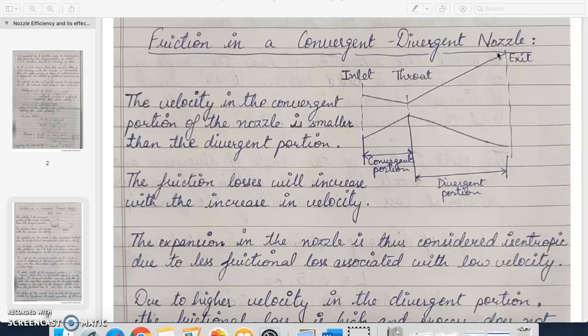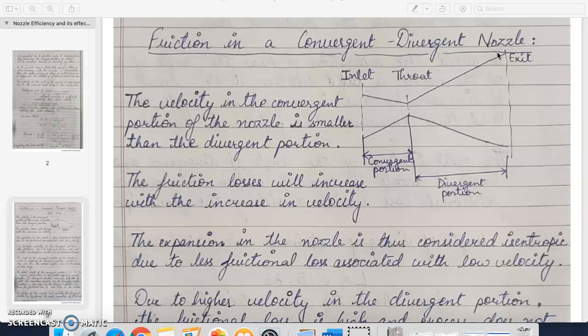So the design of this divergent portion is significant, and the two things to be kept in mind during this design are to avoid the separation of flow during the flow through the nozzle, and to minimize the loss of heat drop due to the friction.